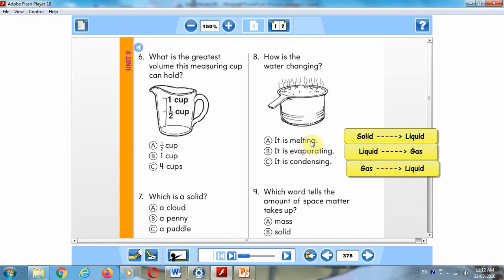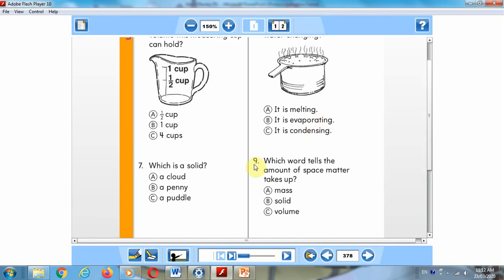Melting is the change of matter from solid to liquid. Condensing is the change of matter from gas to liquid. And evaporating is the change of matter from liquid to gas.